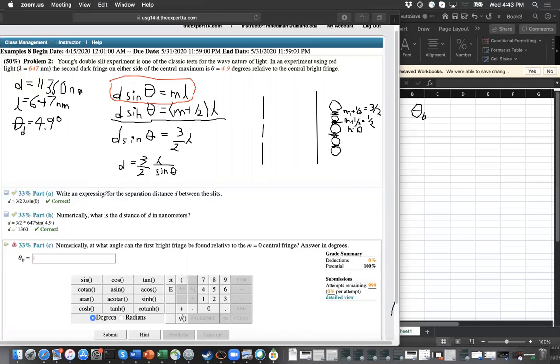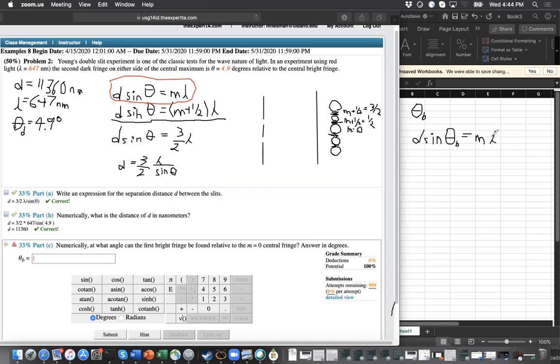Now, how do we approach this? What connects what we know to what we don't know? Well, this expression does that. So we know d sine theta b is m times lambda.